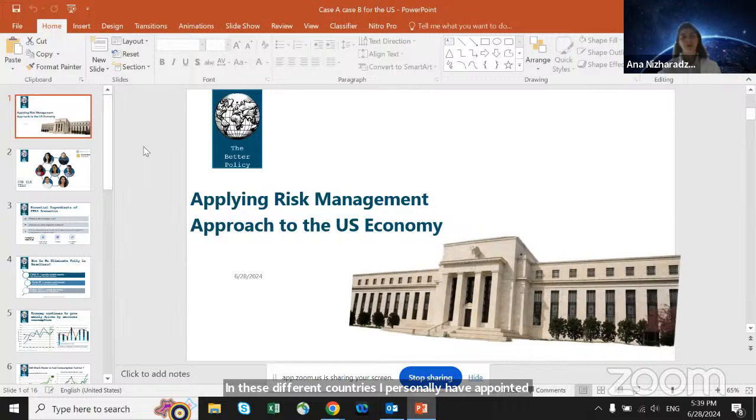But we all have the US economy as a common country, because it is very important to analyze the US economy for many reasons: it affects developing countries, like our case study countries, very majorly, as well as countries like Georgia, Armenia, and other developing countries.